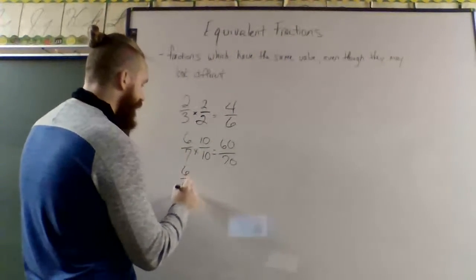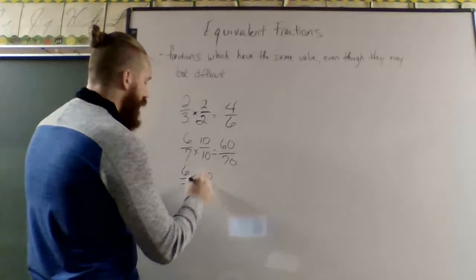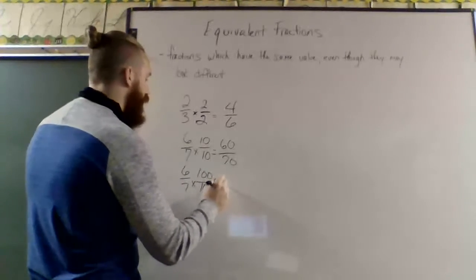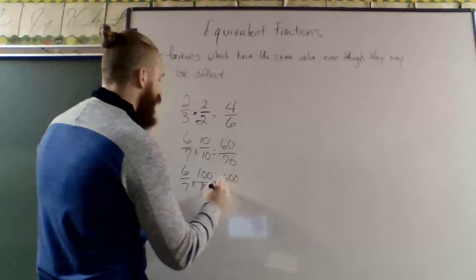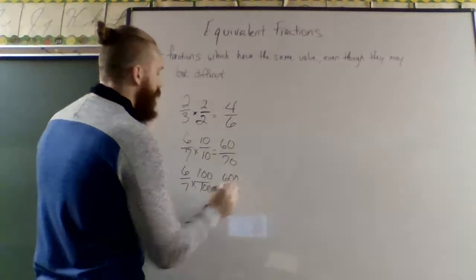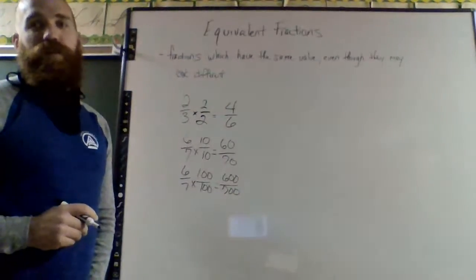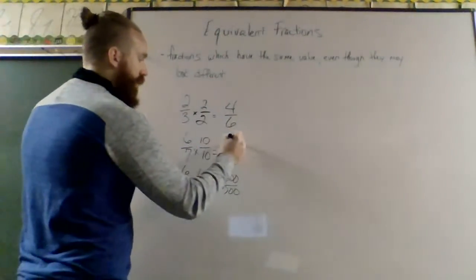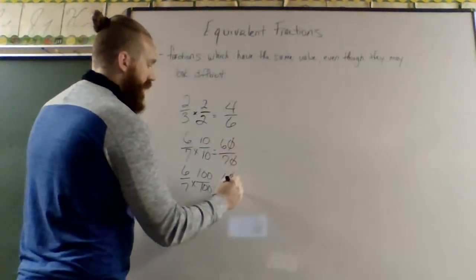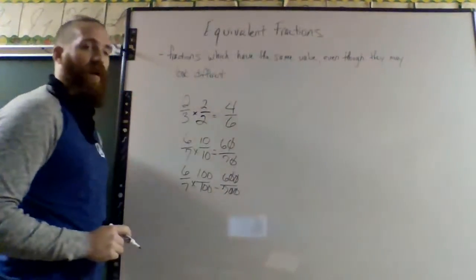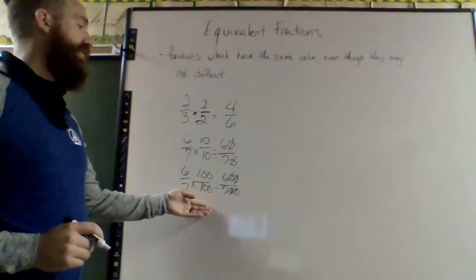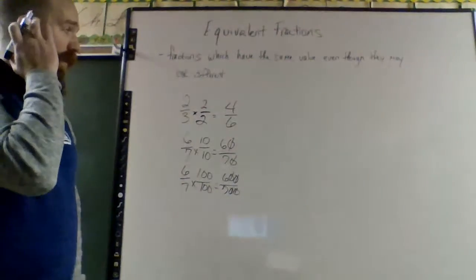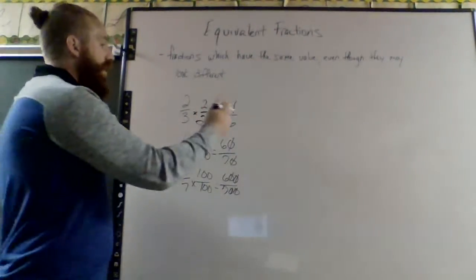You'd have 6/7 times 100/100, which would equal 600/700. And you guys know from dividing with base 10s that if you cross off the zeros, it doesn't change the value of the fraction. So as you see, that's one way you can make equivalent fractions.